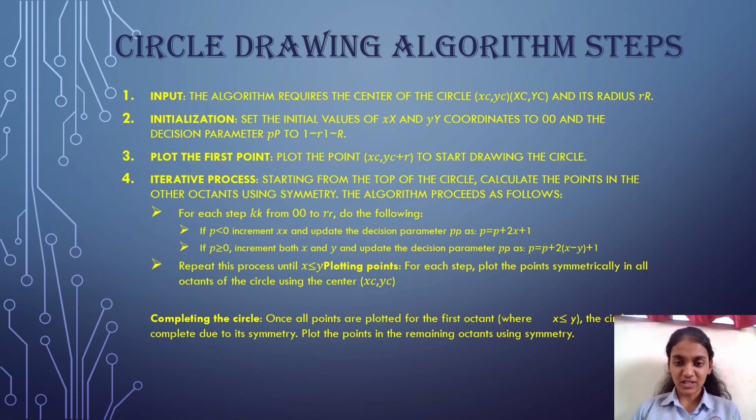Plotting points. For each step, plot the points symmetrically in all octants of the circle using the center xc, yc. Completing the circle. Once all points are plotted for the first octant where x is less than or equal to y, the circle is complete due to its symmetry. Plot the points in the remaining octants using symmetry.